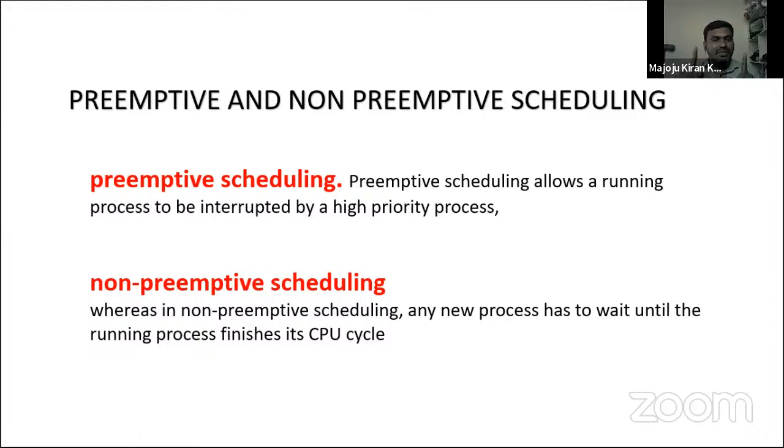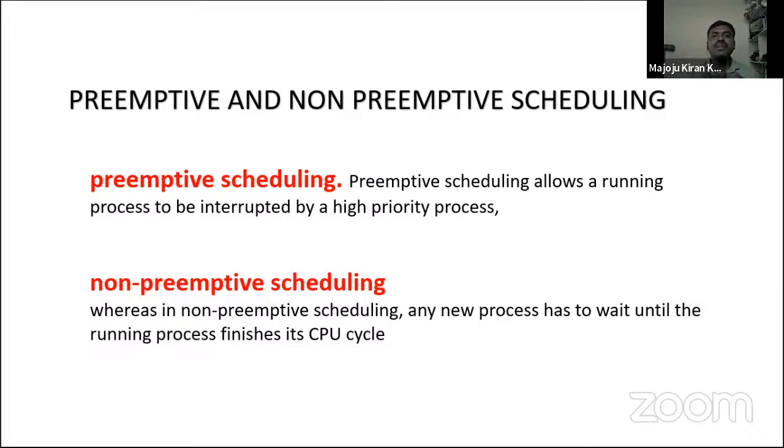If P2 has a higher priority than P1, then even though P1 arrives before P2, since P2 has a higher priority, P2 will be given the first chance to run. That means the preemptive scheduling algorithm preempts one process. Preempting is nothing but stopping one process and giving a chance to another process.